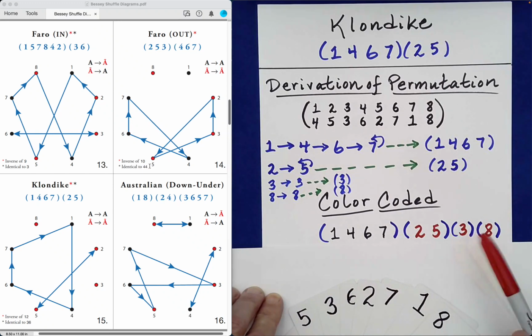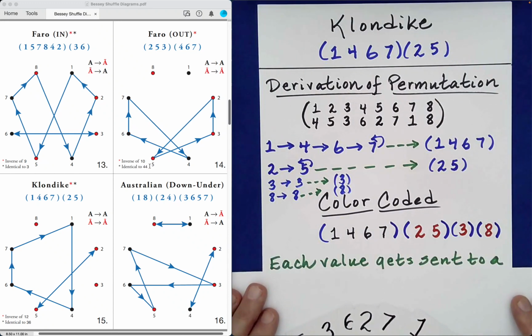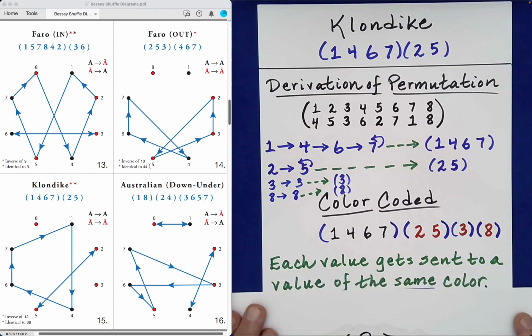And we also get these 2 single cycles, which ordinarily are not included in the cycle notation of a permutation, as long as you're clear on how many elements there are in the set that you're working with. Okay, so we can readily see what's happening here is that each value gets sent to a value of the same color. So in other words, inversion does not occur here.